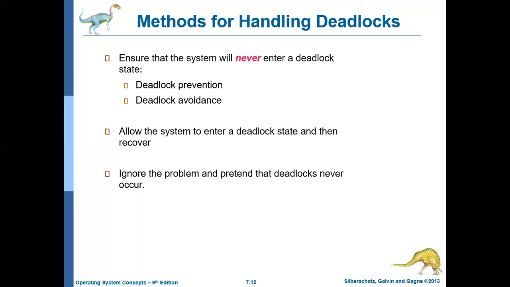But in most cases, the third method is also fine, because deadlock is not a situation a computer will encounter frequently. It is a rare occurrence. The system may enter a deadlock state maybe once or twice in a year, so if you ignore it, it is not going to be a big loss.